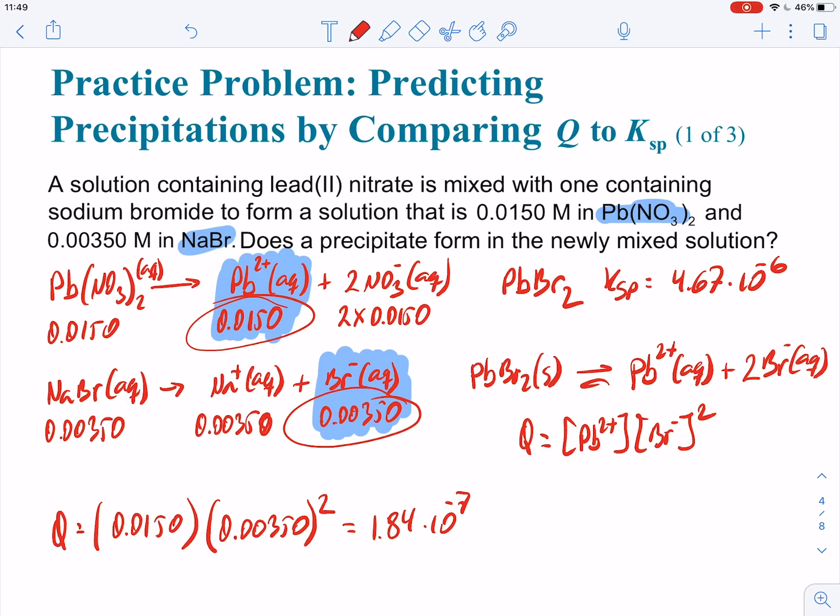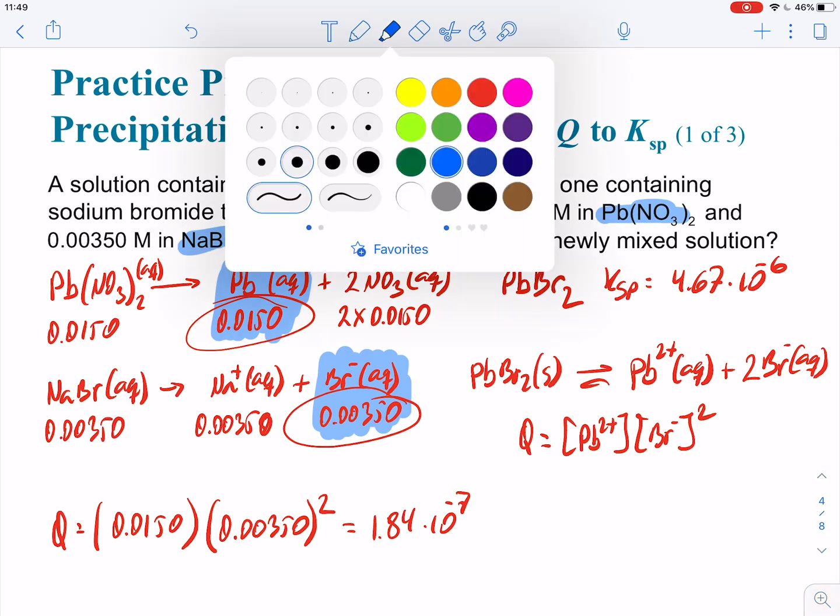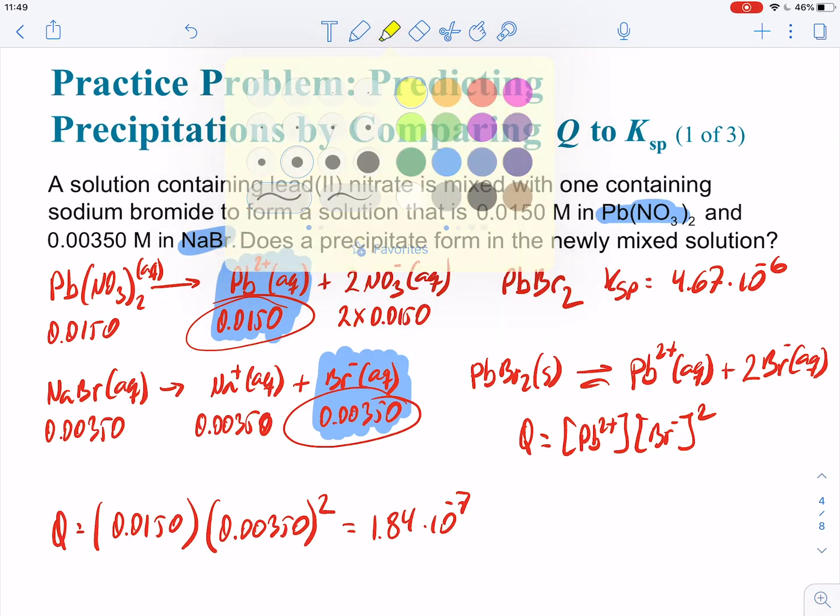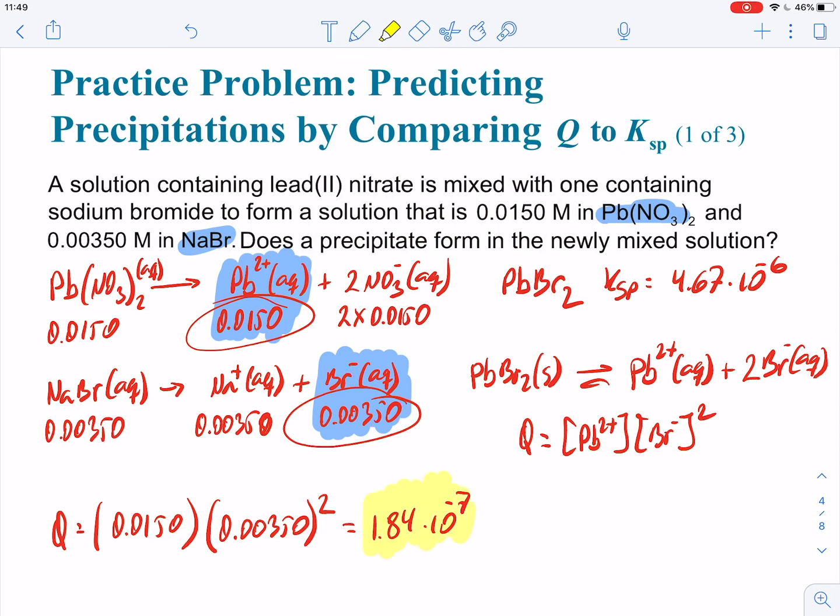Now we compare this value with this value, and we notice that Q is smaller than Ksp. Because Q is smaller than Ksp, there is no precipitation.